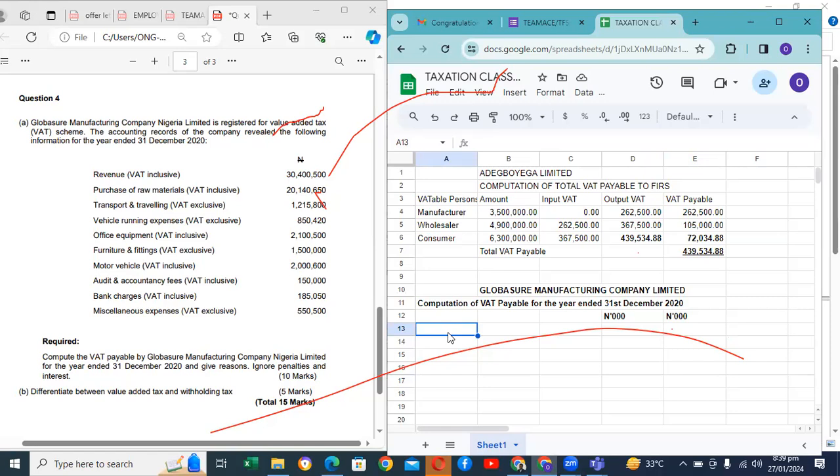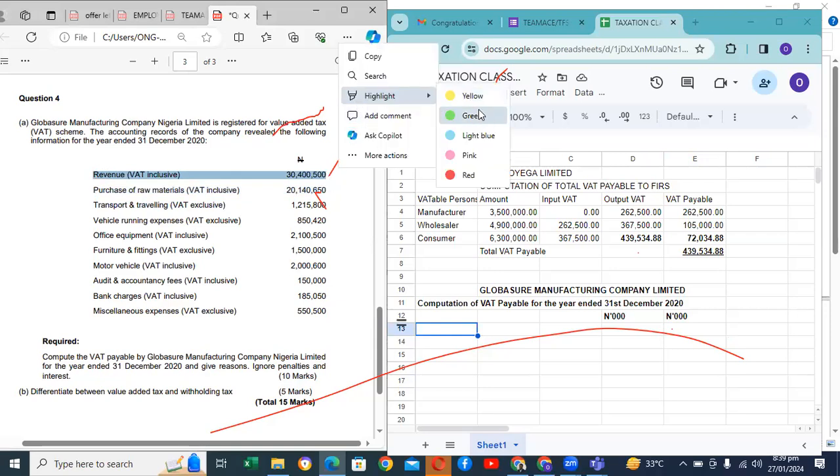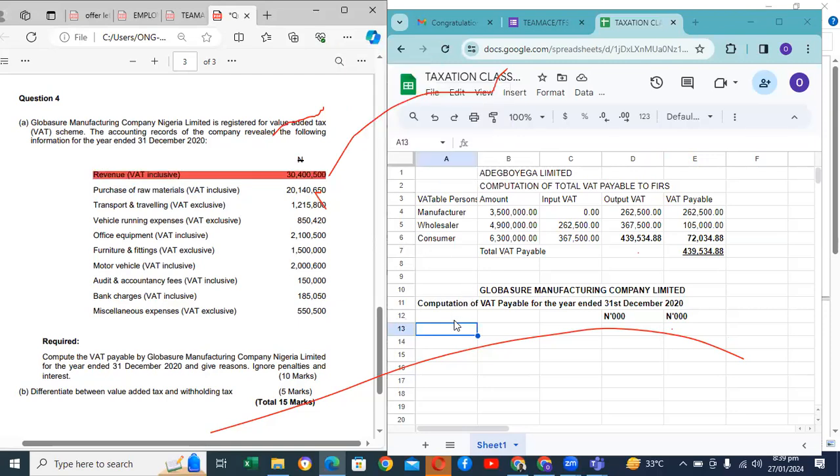Yes, sir. So now, having said those rules, we agreed that output VAT is on sales, abi. Yes, sir. And your sales is the same thing as revenue, isn't it? Yes. So let's do output VAT. So we have revenue.